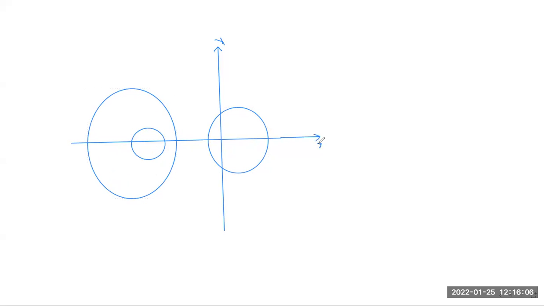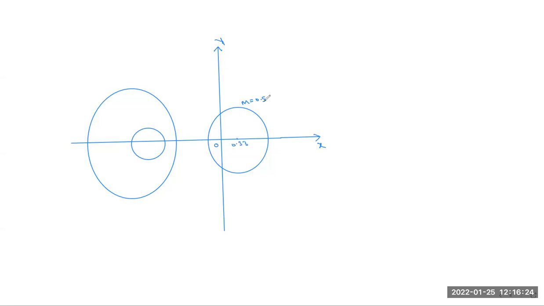This is the axis of x, and here the value of M equals 0.5. This is the center point O, and the radius is 0.33.